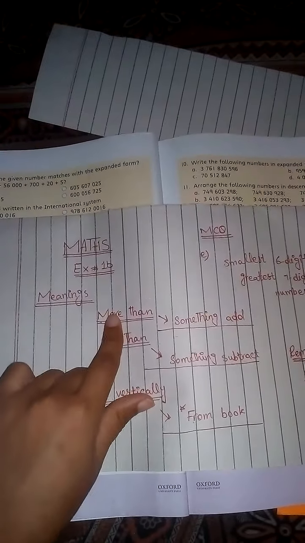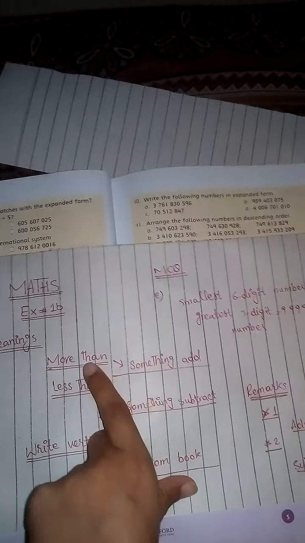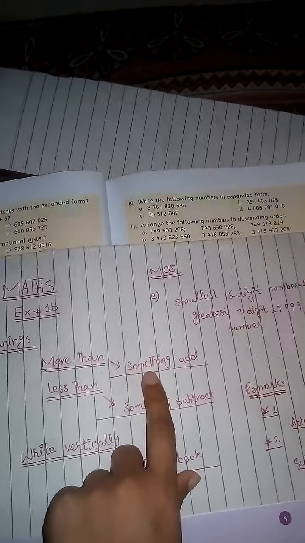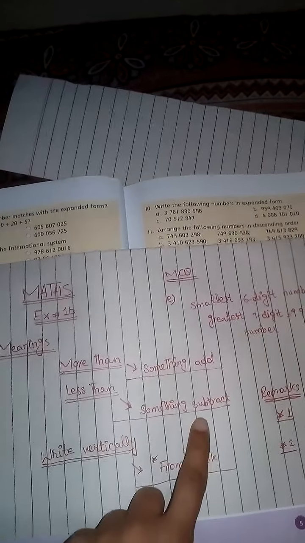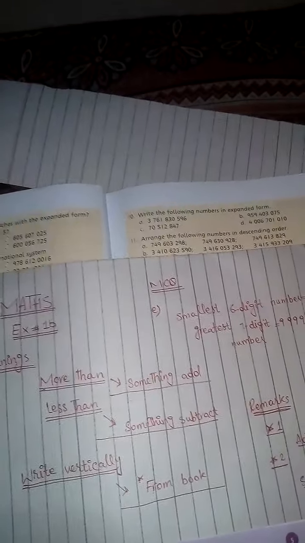More than means add. Where you find the words "more than," you just add the numbers. Where you find "less than," it means subtract, so you have to minus from the numbers.